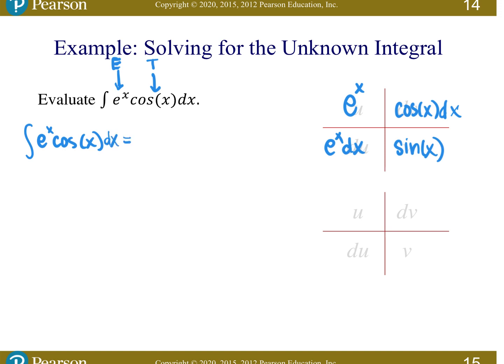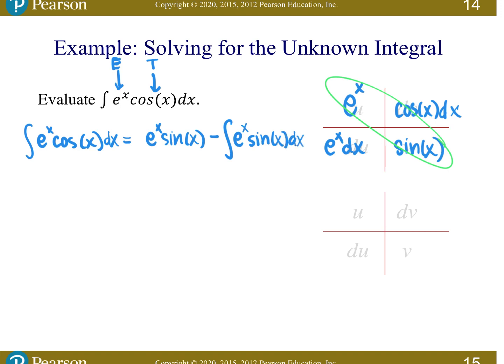And it begins with what combination first? e to the x sine x. Okay, thanks. That's that first combination here. Behind that would come a subtraction, and it would become the integral of e to the x sine x dx.